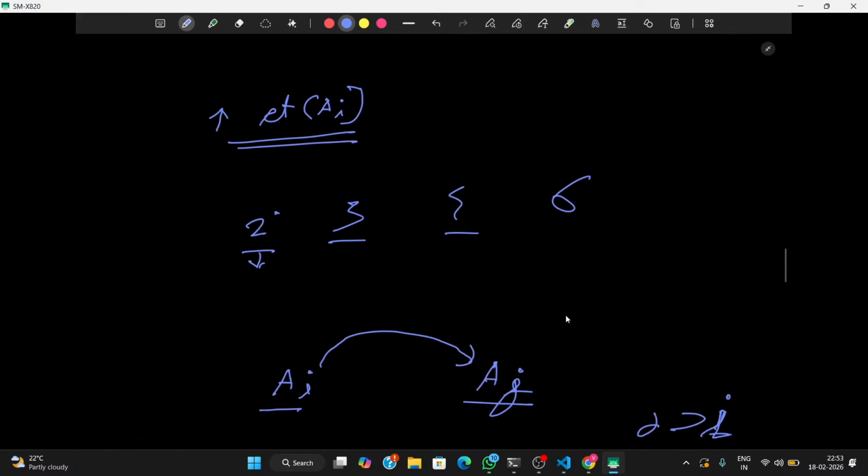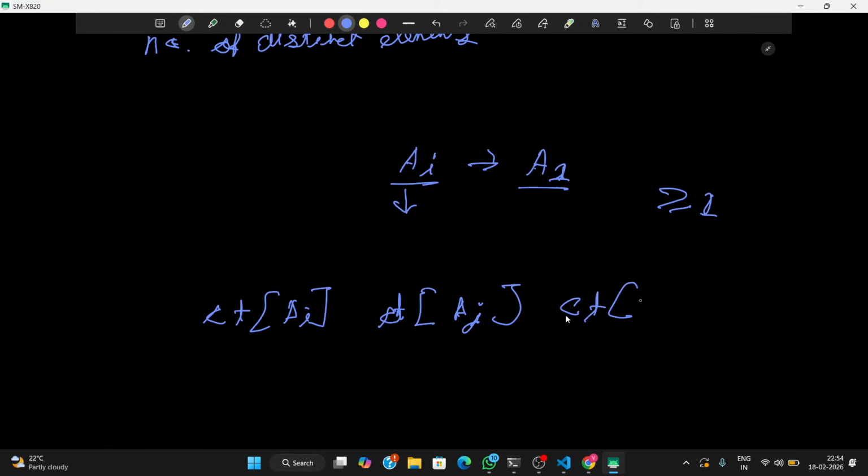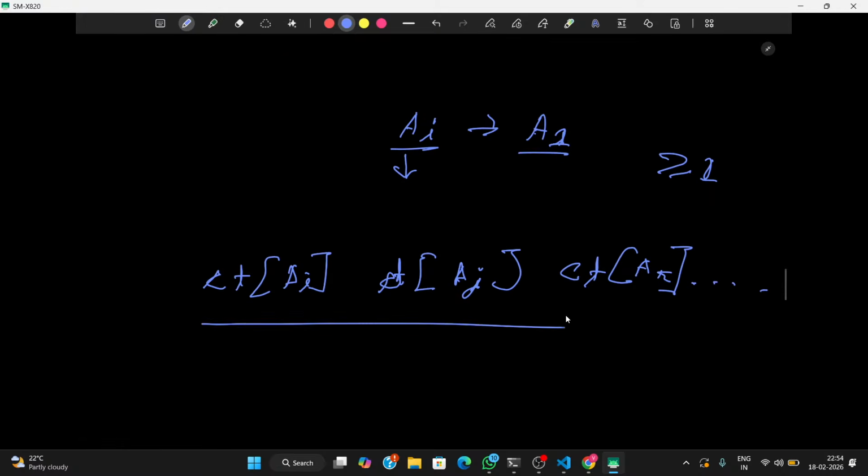So now also we will do the same thing that we did earlier. We took the count of some AI, then the count of some AJ, and then the count of some AK, and something like this. We made a map of this, right?